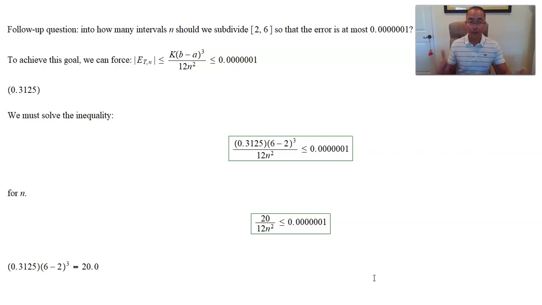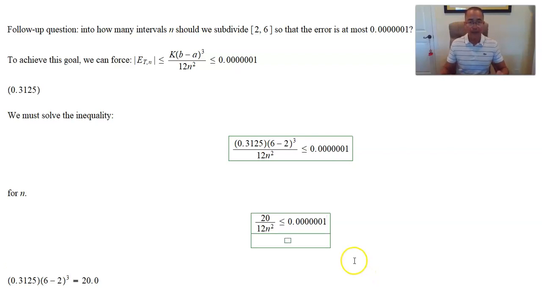We are solving an inequality, not an equation. Let's isolate n. Something to remember: if you're multiplying or dividing an inequality, you have to be careful with positive and negative numbers. n is a positive number, since we're subdividing an interval into n pieces.